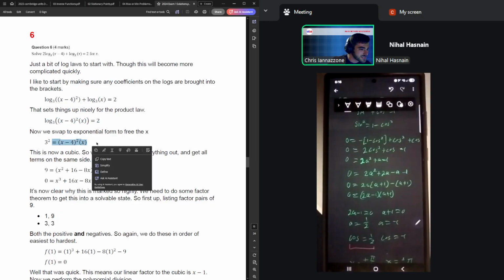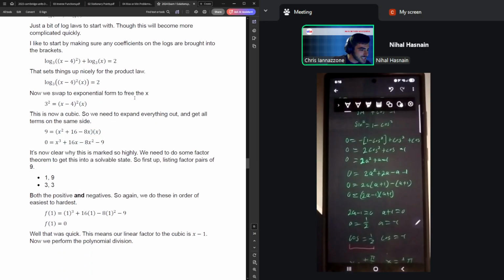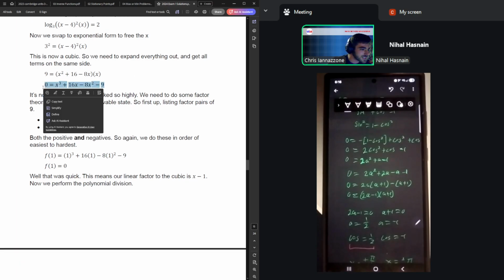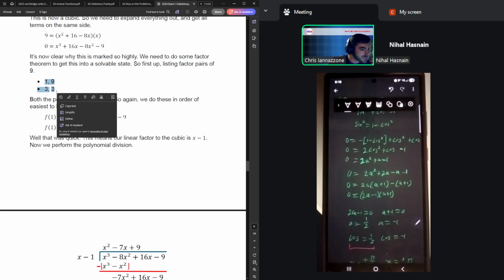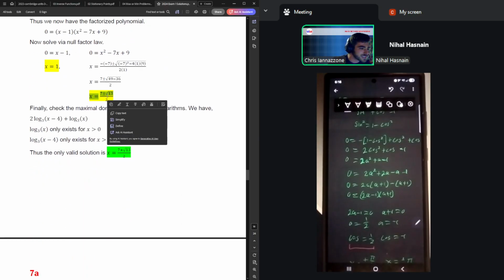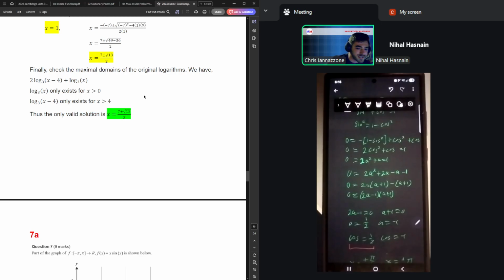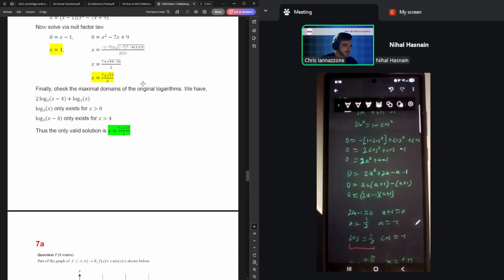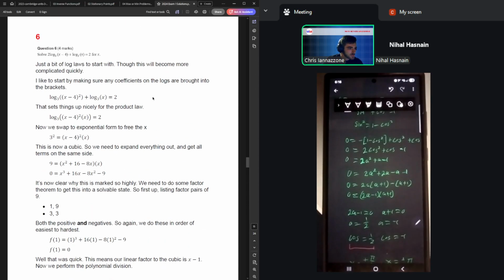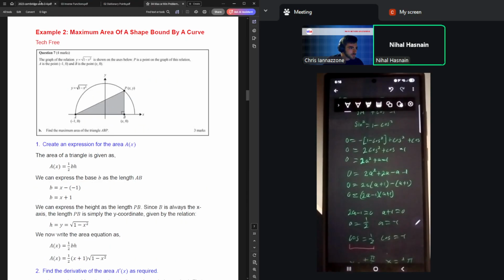So you do your logarithm solution stuff, you end up with a cubic, and then you realize, now I've got to do factor theorem related stuff. So you do your factor theorem, then your polynomial division, your factorizing, then you simplify, and then you check your final answer. So there's precedent for this sheer amount of simplification steps, even in tech-free, not just in tech-active. So it's good that we were able to go through that.